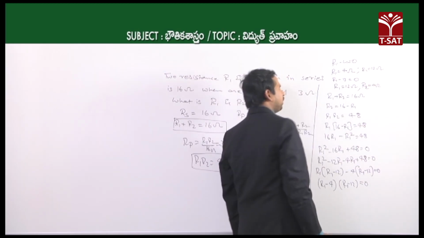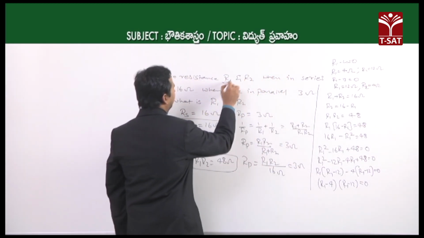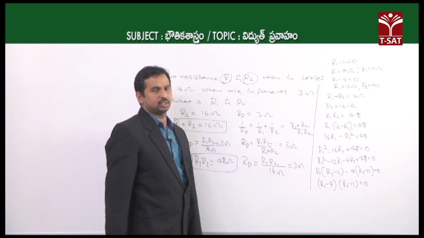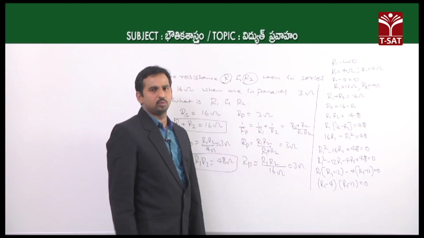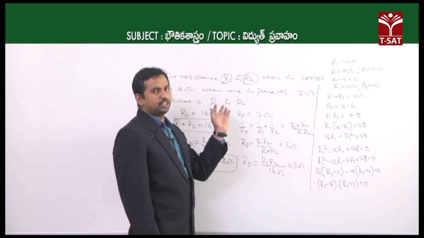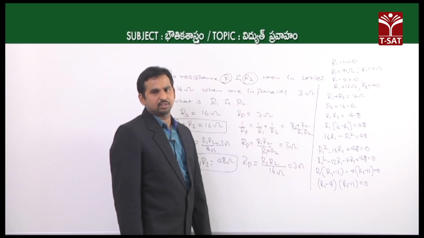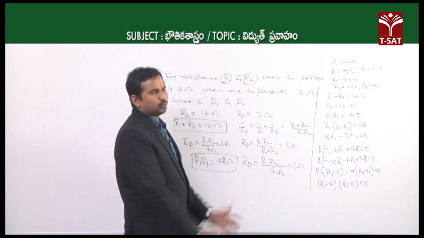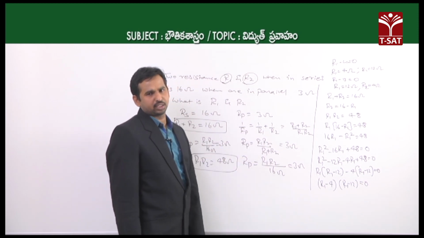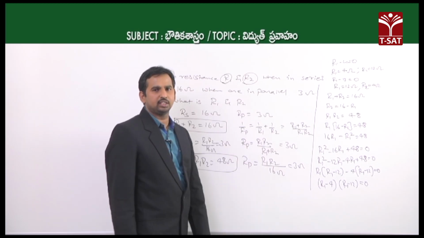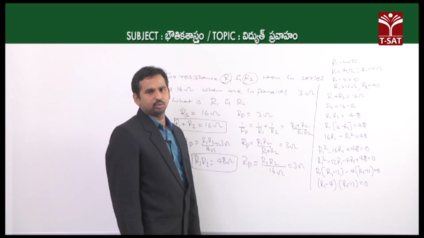So if one of them is a 12 ohm resistance, the other one is going to be 4 ohms. Like that, if for two resistors both the series and parallel equivalent resistances are given, we can find the R1 and R2 values separately.